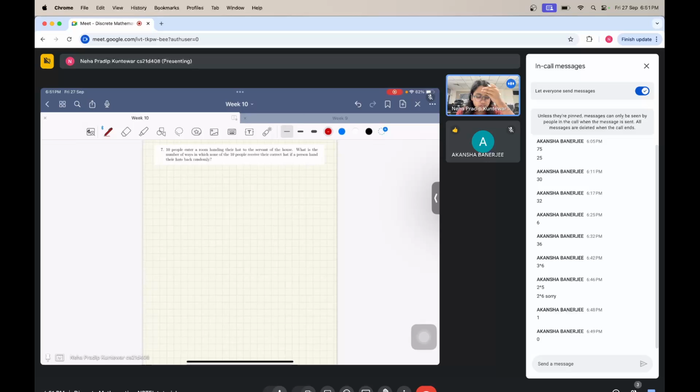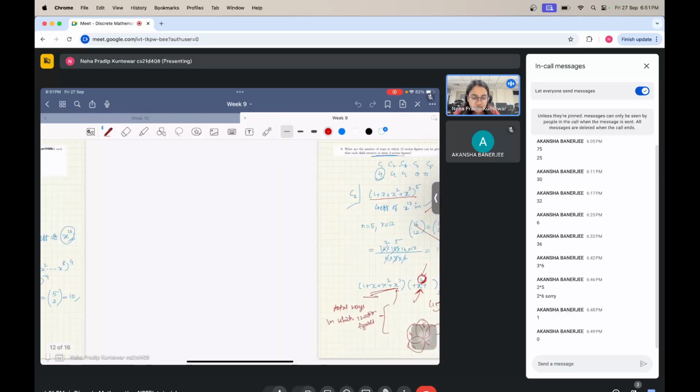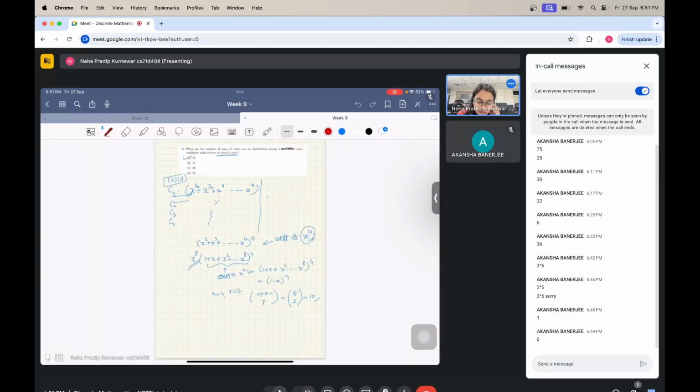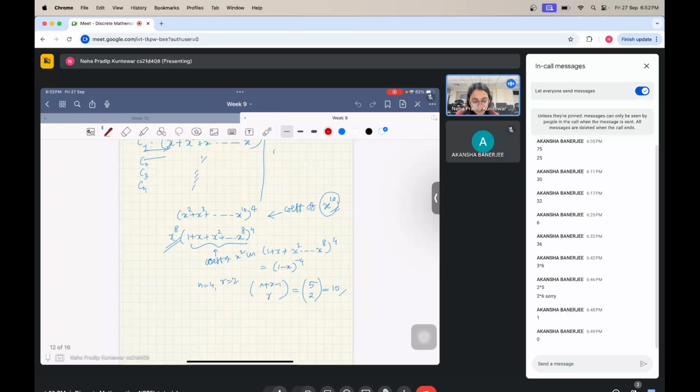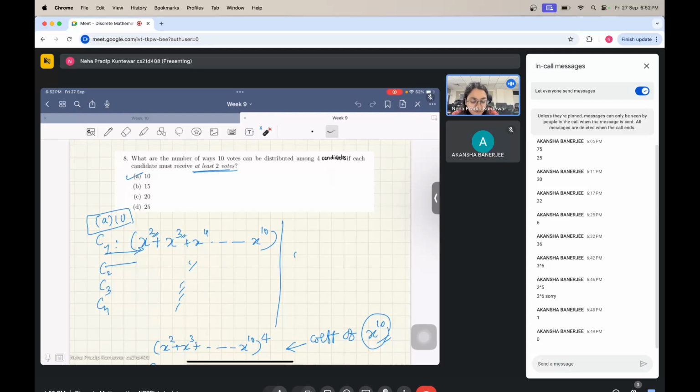So the other thing that I wanted to say is about what we did last time: we tried to formulate a problem in terms of a polynomial, and then the question was to find a coefficient of something. Let me remind you of the problem.